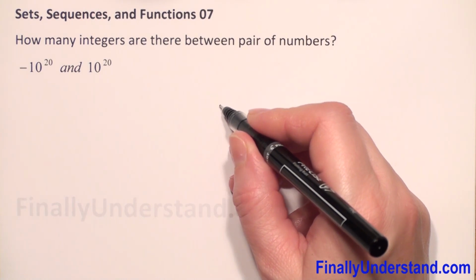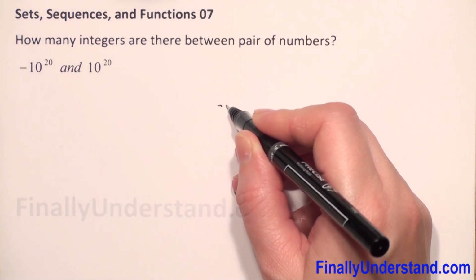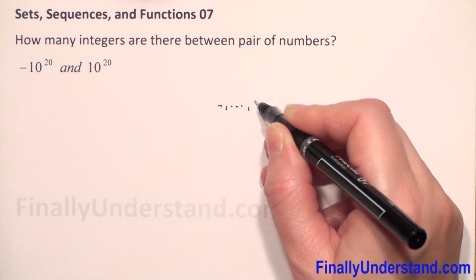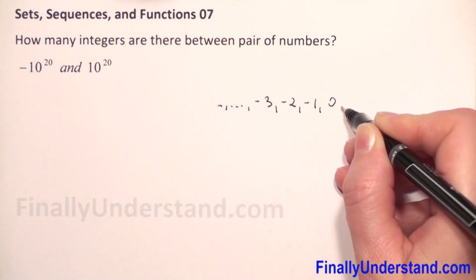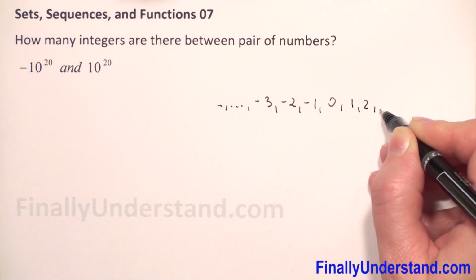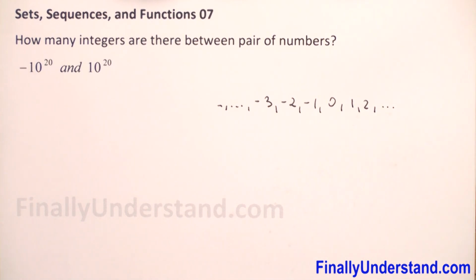So we have these numbers from negative infinity, -3, -2, -1, 0, 1, 2, and these numbers go to positive infinity. We have to find these integers between these two numbers. The word between means that we have to include both ends of the range.